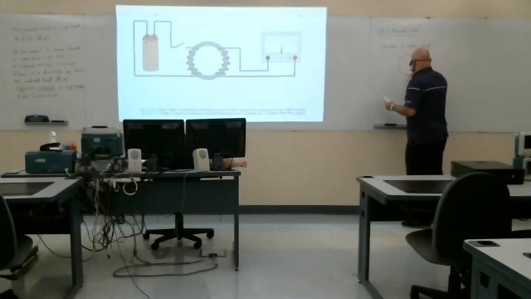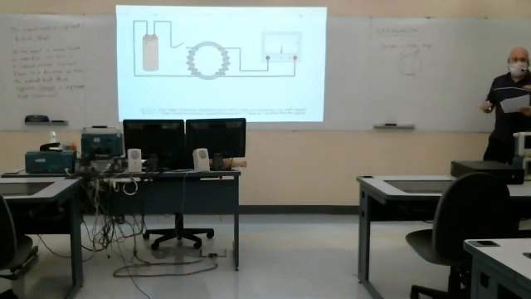I'm going to put a resistor across the gap, and I'm going to have, again, an impressed B field that's somehow externally generated. Might be an electromagnet, might be a permanent magnet.